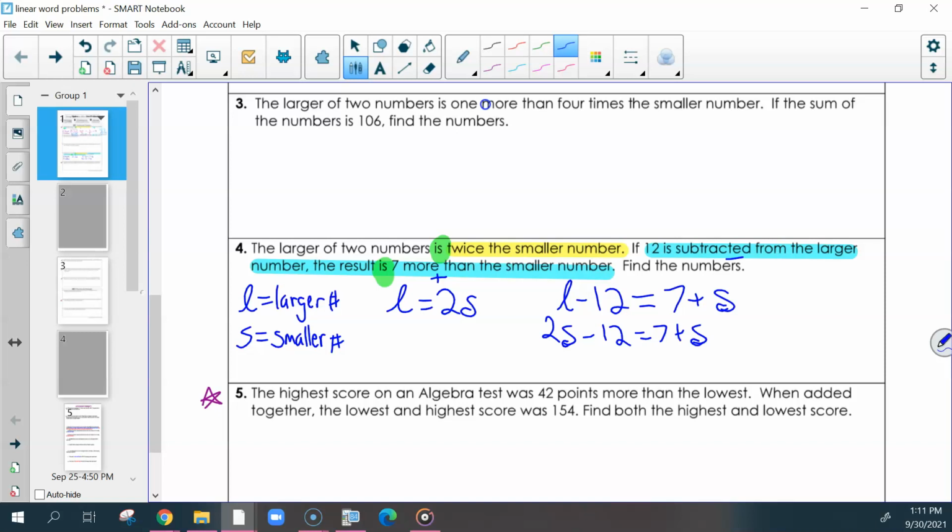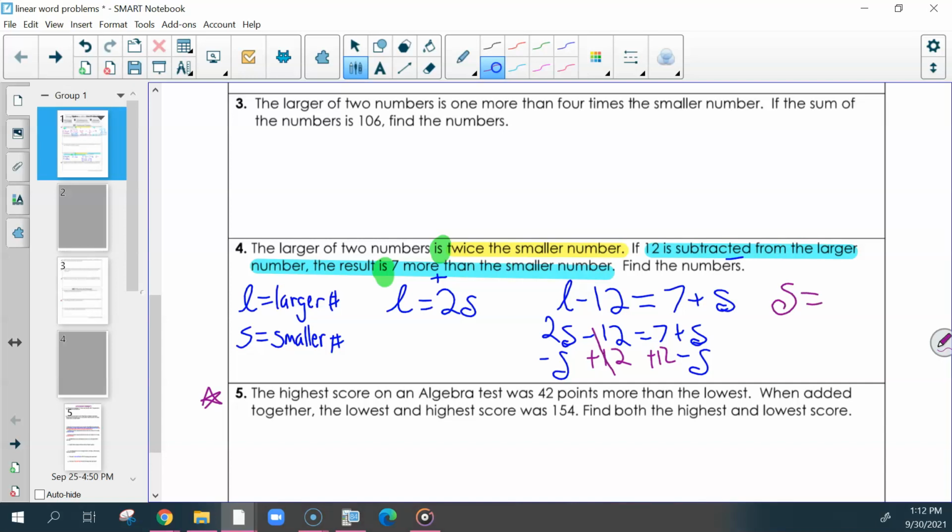If I replace L with my 2S, now I only have one variable, and it looks a little easier to solve. Because now I have variables on both sides, I need to get all of my variables to one side and all of my constants to the other. So I'm going to subtract this S to the other side. And then I'm going to add 12 to the other side. So 2S minus S gives me just 1S.